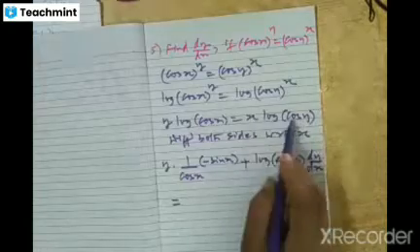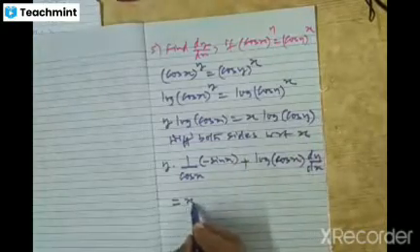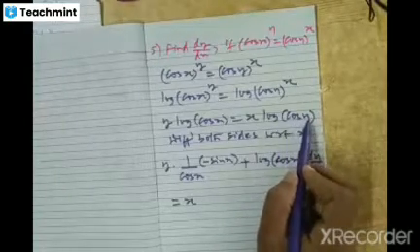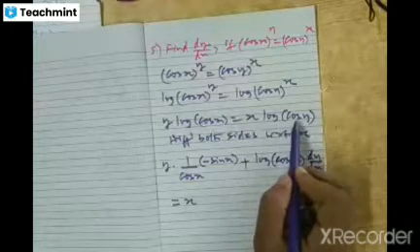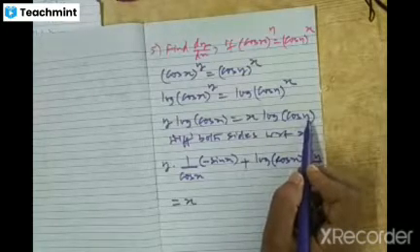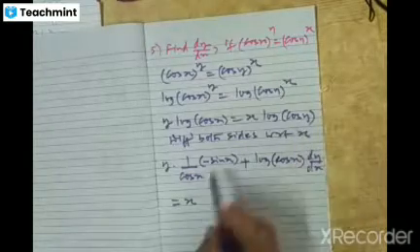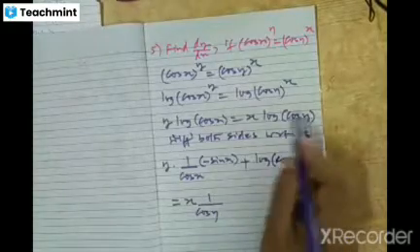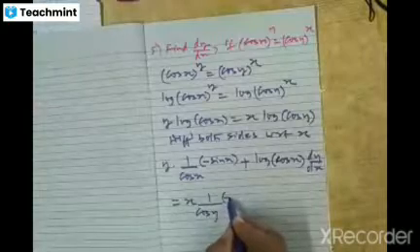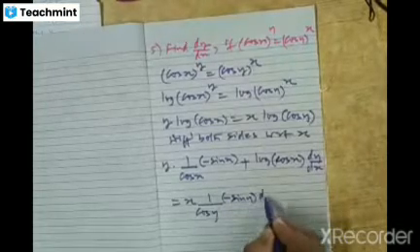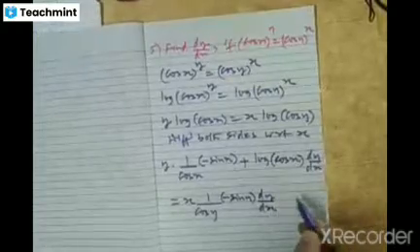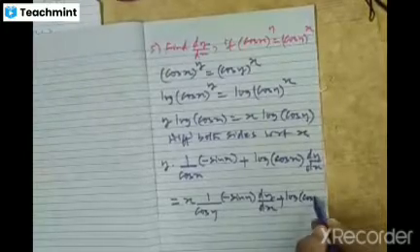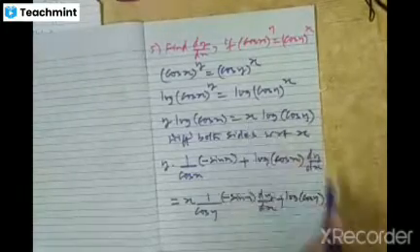Again use the product rule to find the derivative. First function x into the derivative of second, log of cos y. This is actually a composite of three functions. One is the log function, another is the cos function, and another is the function y. So we have to use the extension of the chain rule. Using it, we get 1 by cos y into the derivative of cos y, which is minus sin y into dy by dx, correct? Plus second function log of cos y into the derivative of first, dy by dx of x, which is 1.